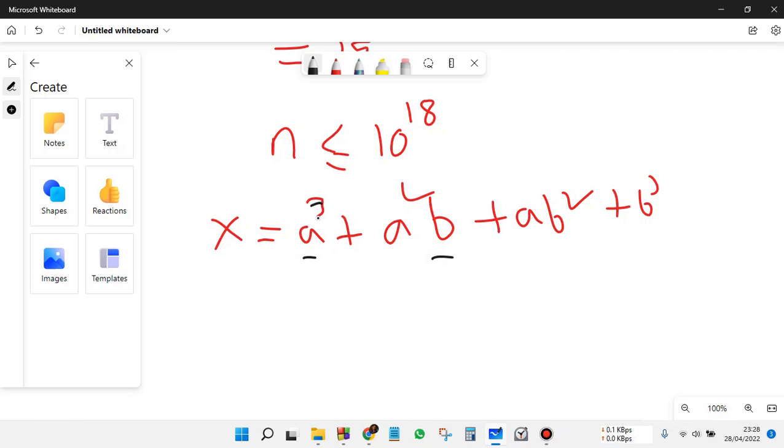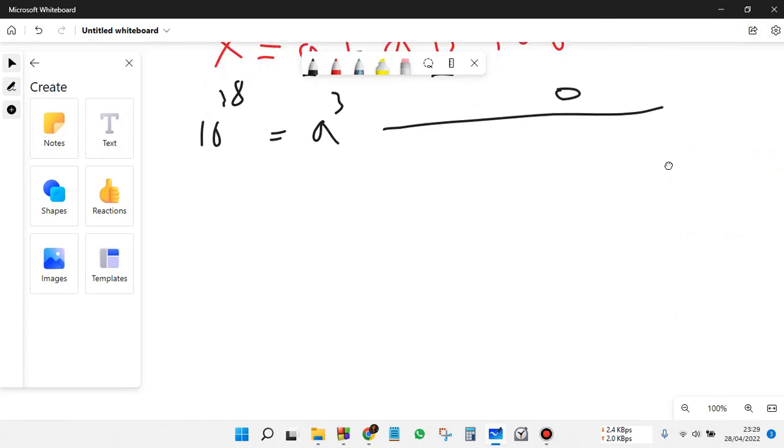Suppose we input x as 10 to the power 18, then a cube is about 10 to the power 18. The other terms are in the normal section, 0 or something else, so we are working only with this section.